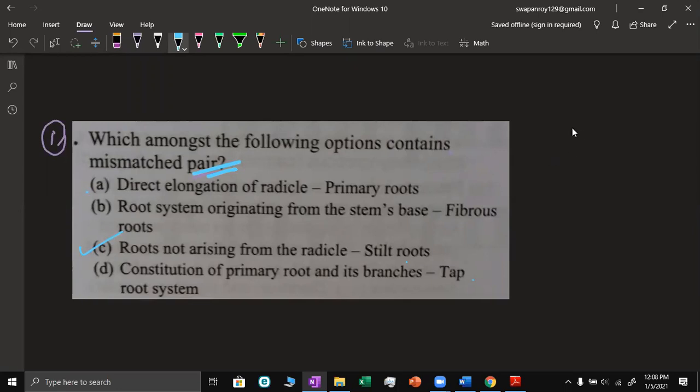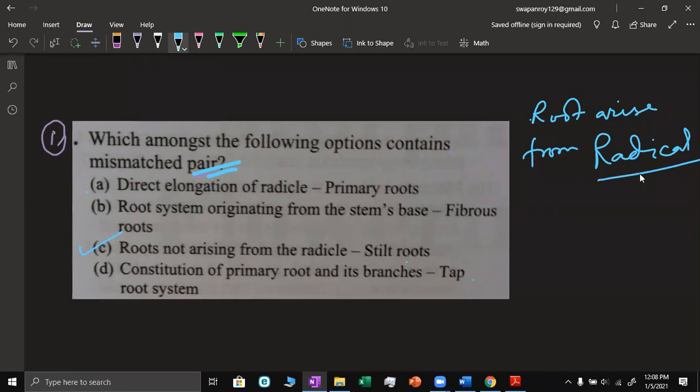See here, the root arises from the radicle.